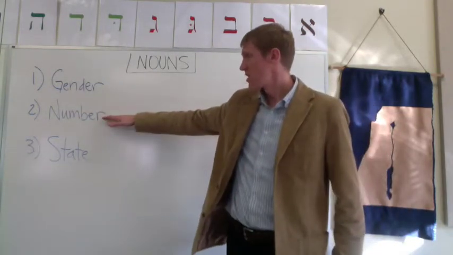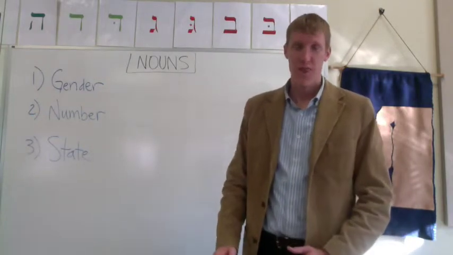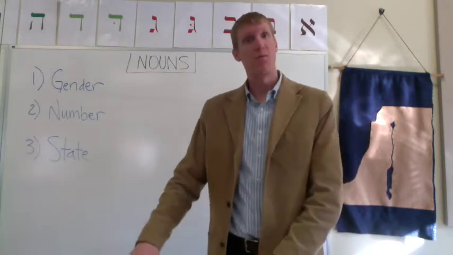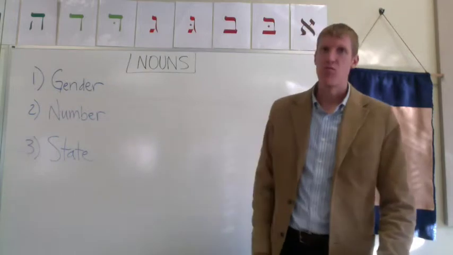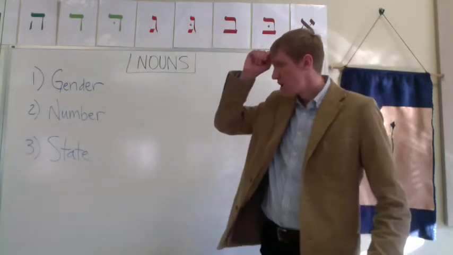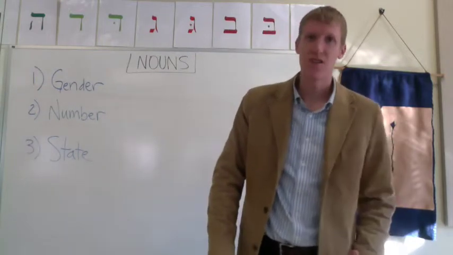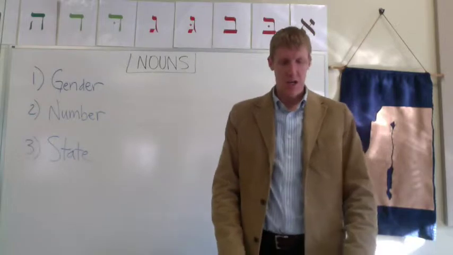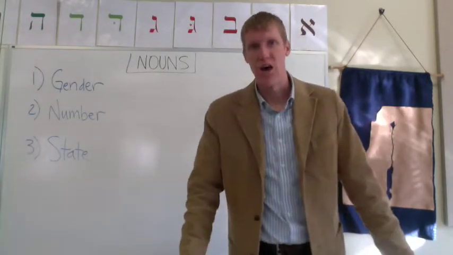For number, there are two options as well, either singular or plural. Actually, there are three, now that I remember: singular and plural, and then a much more rare dual form. I'll talk about that more in the number video. And finally, state: there are the construct state and the absolute state. I'll talk about that again later. I want to start with gender, though. Every Hebrew noun has gender.